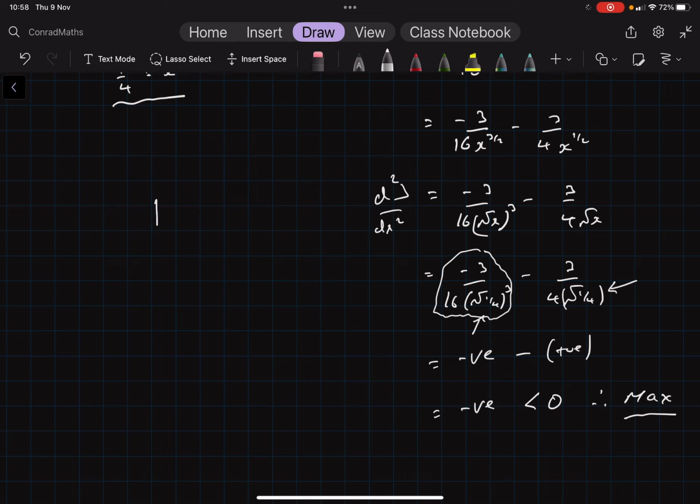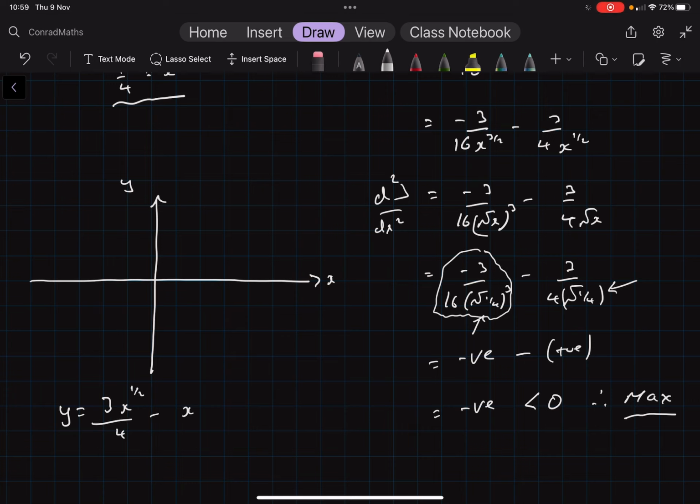So now, in terms of sketching this, just to remind you, the original curve was 3x to the half over 4 minus x to the 3 over 2. Actually, I did say that x is greater than 0, isn't it? It's greater than or equal to 0.